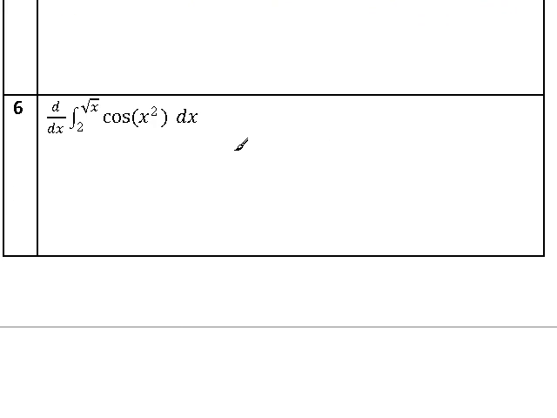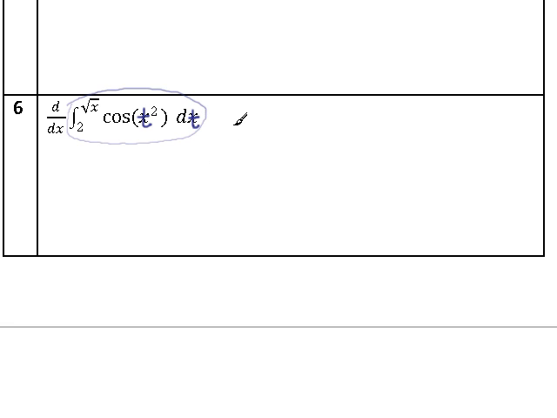In number 6, we're applying the second part of the fundamental theorem of calculus. Let me just make a little correction over here. Okay, that should be cosine t squared dt. So we're taking the derivative with respect to x of this function. This function depends on x. It's the integral from 2 to the square root of x of cosine t squared dt.